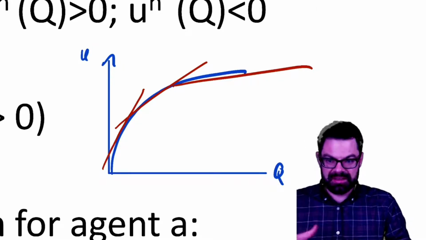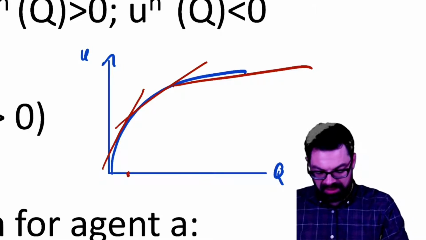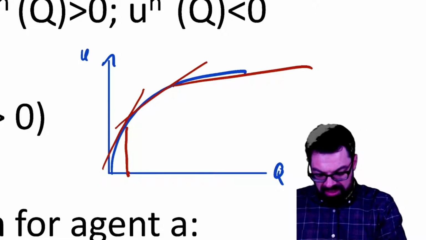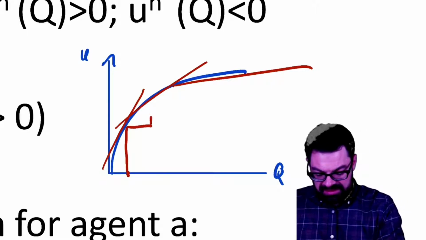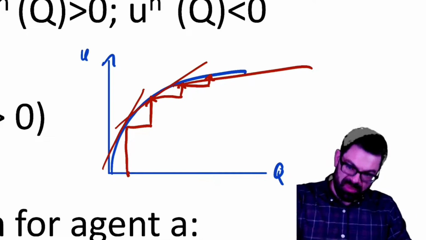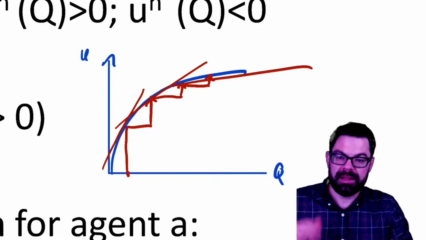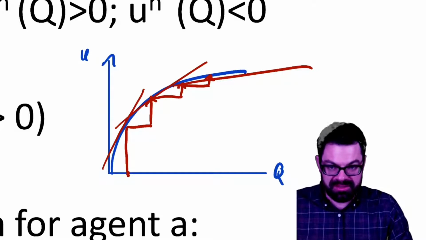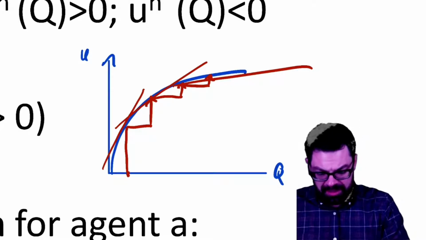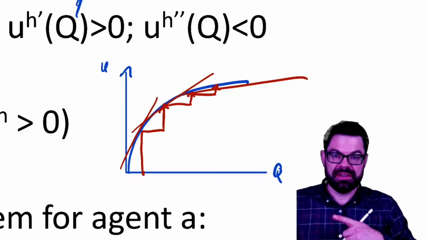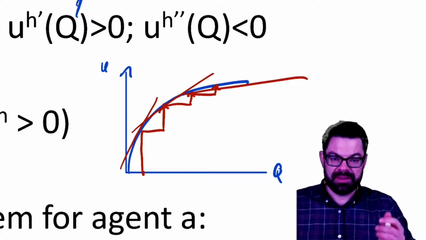So the first unit of the public good that is provided gives you a pretty high gain, but the next unit gives you a smaller gain, and then that additional gain from an additional unit gets smaller and smaller. That's what we assume here, which I believe is a very plausible assumption. And that's exactly what that formula, that second derivative being negative, tells us.